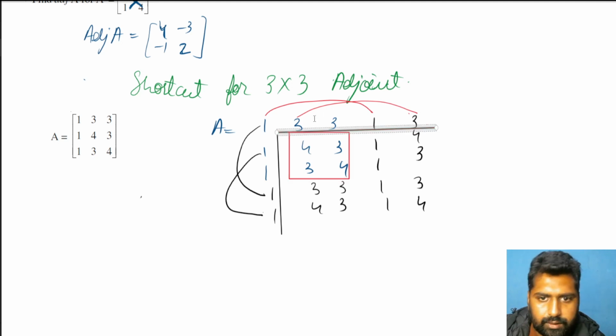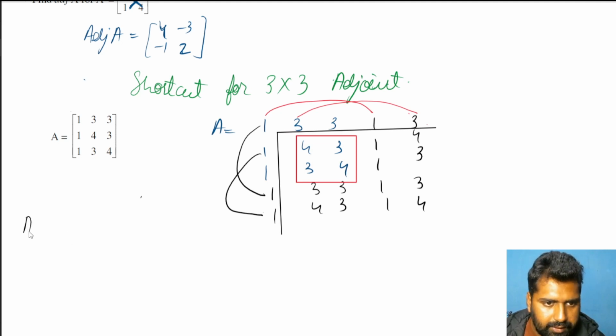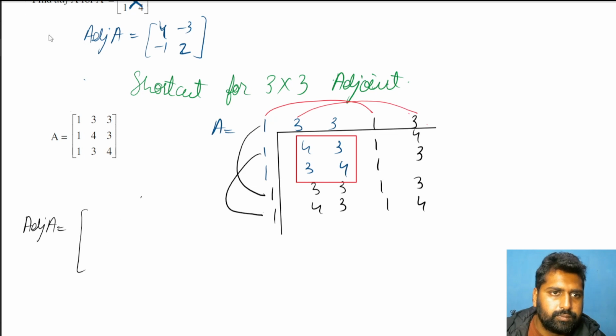Let's make that black. Okay, you can see a 2 cross 2 here. That's your A11 directly. So I will write adjoint directly now. Adjoint is equal to, solve this, 16 minus 9, so you get 7. Okay, that's your A11 directly.